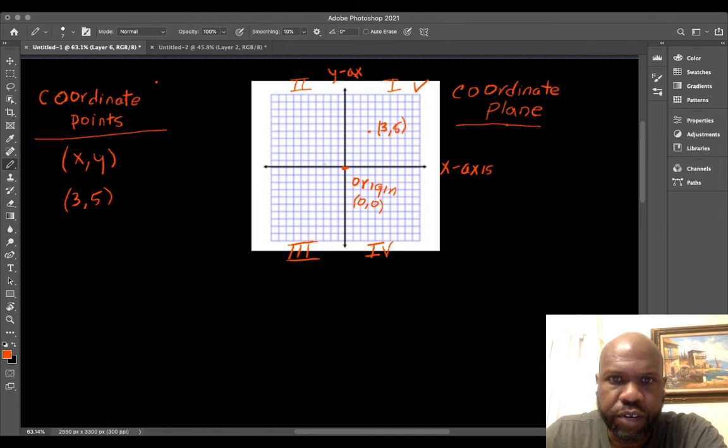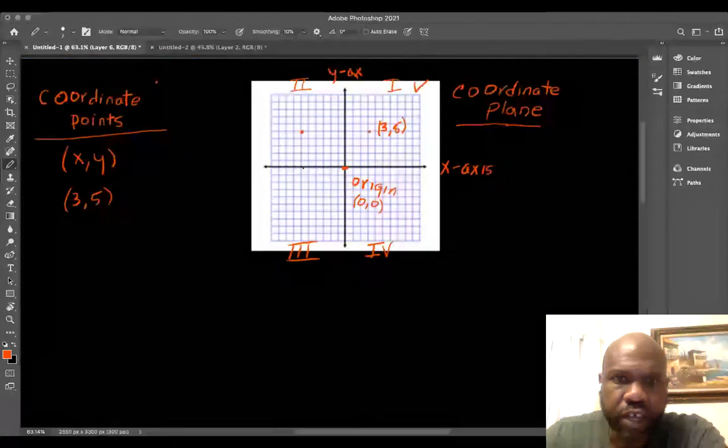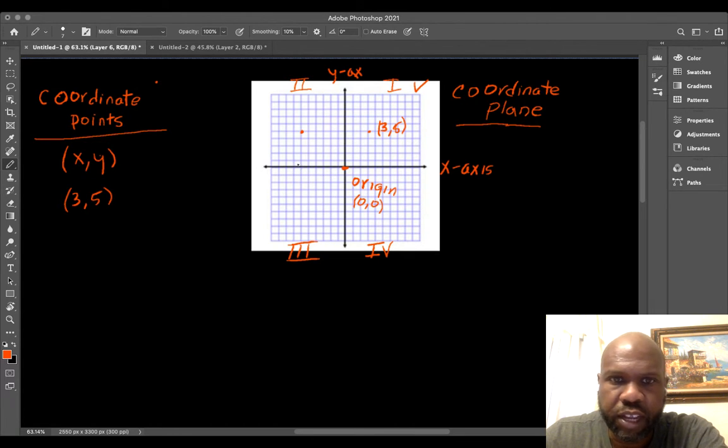Let's do another one on the other side. For this point, I go 1, 2, 3, 4, 5, 6. That would be negative 6, because it goes to the left; positive 6 is to the right. Then I go up 5.